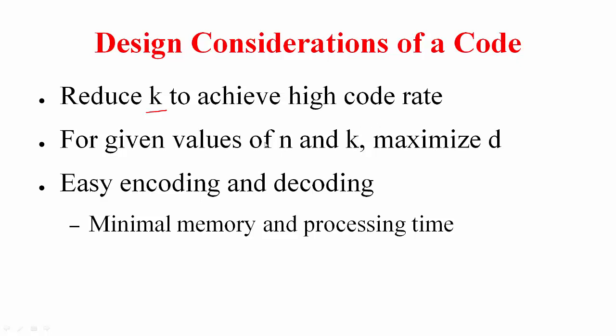But at the same time, you want to maximize the Hamming distance so that your error correction and detection capabilities are high. At the same time, you don't want to design codes that are very complex because it's not easy to implement them. In other words, you want easy encoding and decoding, which will require minimal memory and processing time. So a lot of the research goes in achieving these goals.